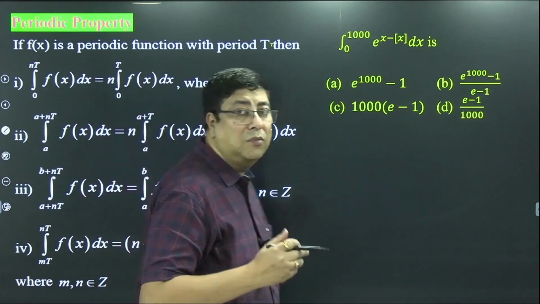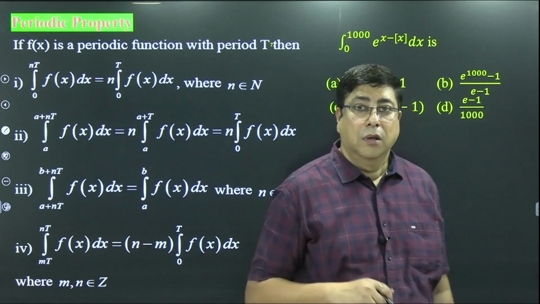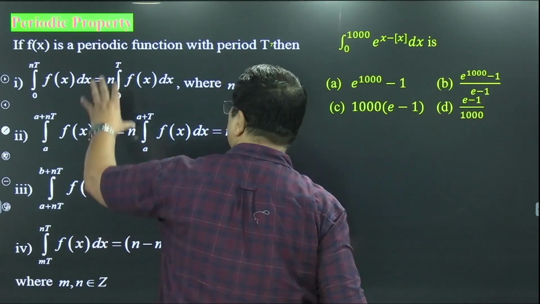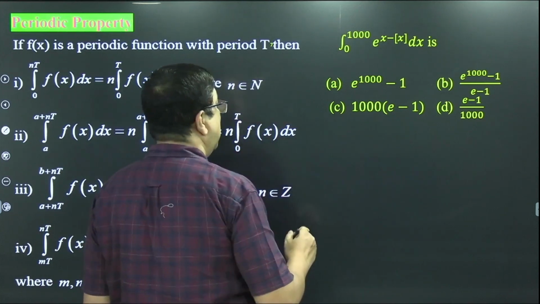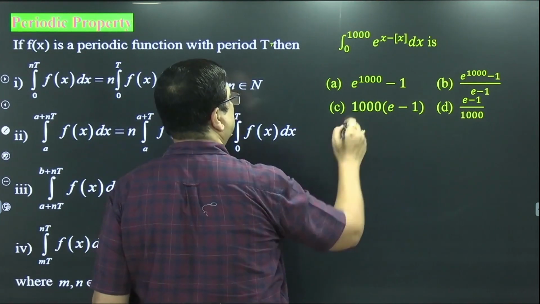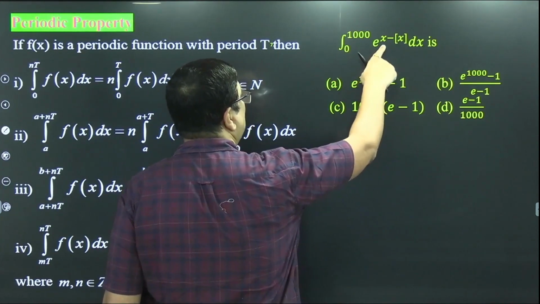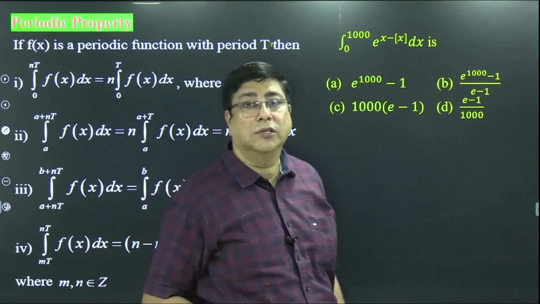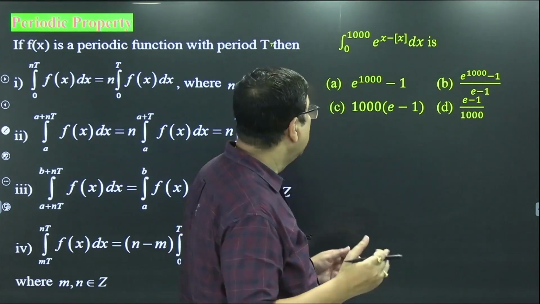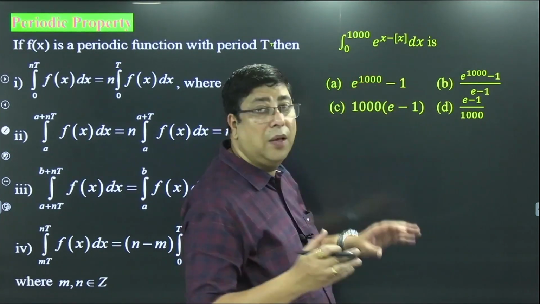For example, I am showing you one application of the periodic function. There are a number of properties, but these 4 properties are very important, just remember this. So let's calculate the integral from 0 to 1000 of e to the power (x minus floor x). x minus floor x is fractional x, and for fractional x remember one thing, the period is 1.